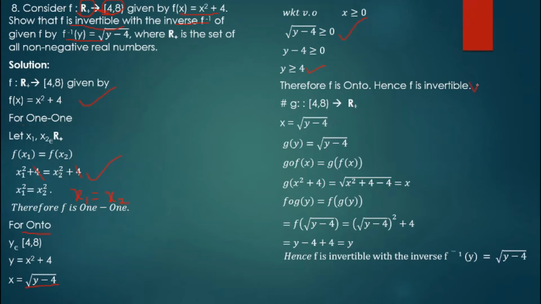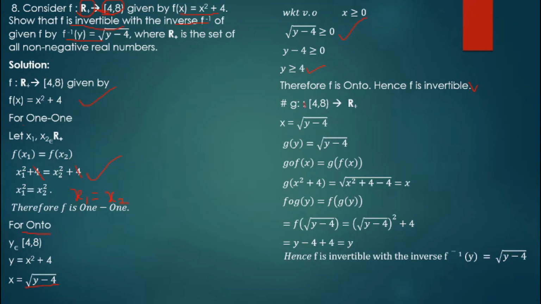This is fine. Next we have to check that f has an inverse. When we are supposed to show f is invertible, what are we supposed to find? We are supposed to find gof as well as fog. But before that, we have to write x in terms of y. That's already written in the case of onto, so we are using the same thing.